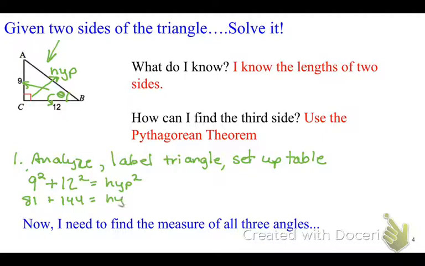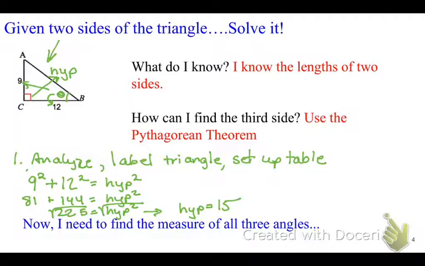That's 225 equals the hypotenuse squared. So I'm going to take the square root of both sides, and I know the hypotenuse is equal to 15.